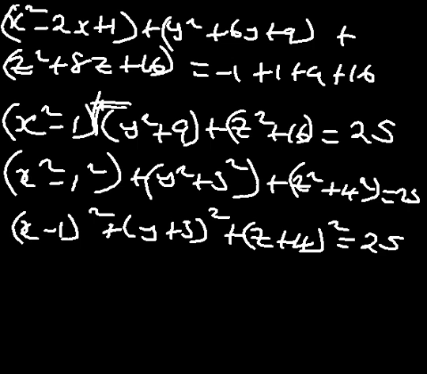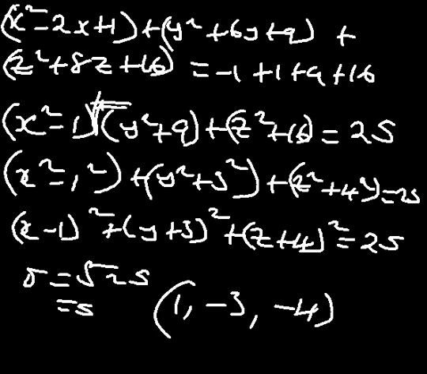Now as you can see, this is the standard form of the equation of a sphere, in the sense that we have the radius given as the square root of 25, which is 5. And what is the center? The center is positive 1, negative 3, and negative 4. So that is the center of the sphere. Take note of that.